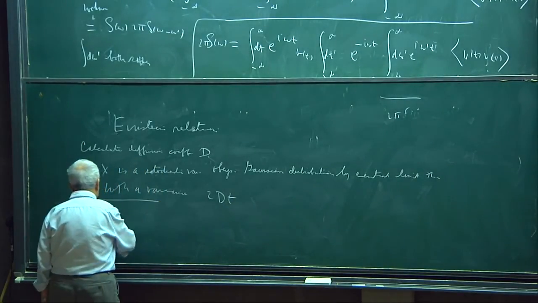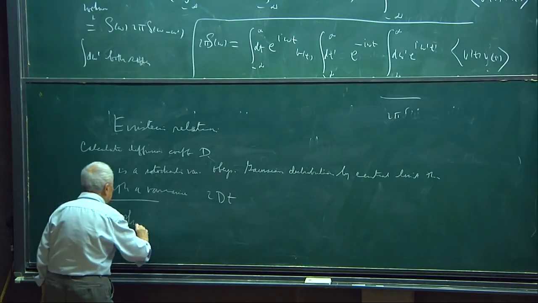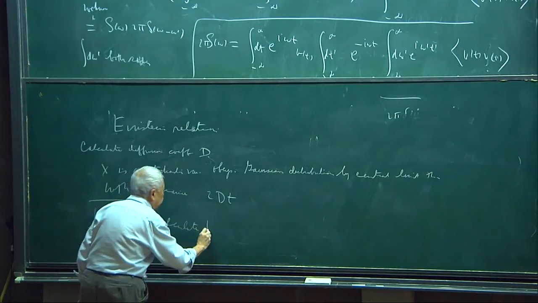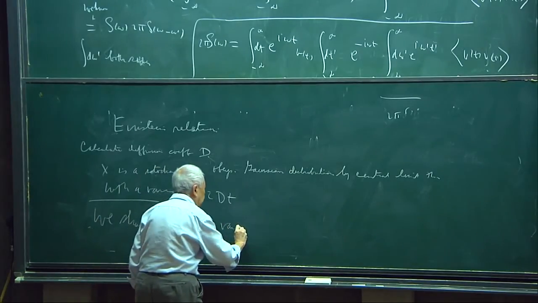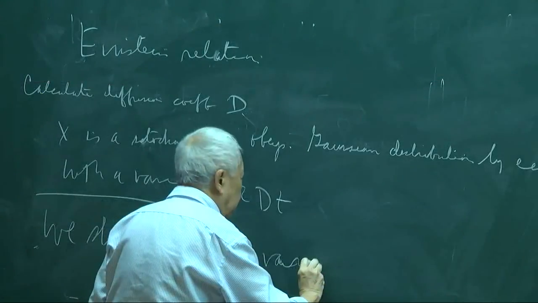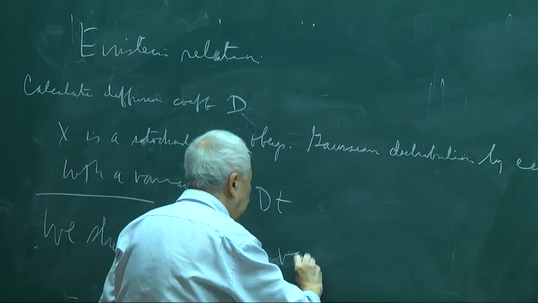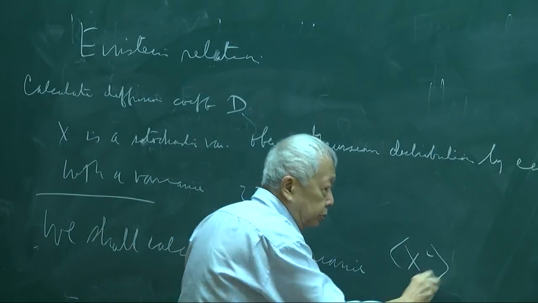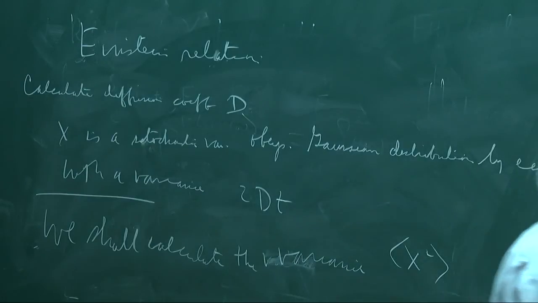So we shall calculate the variance, which is x squared average. We can do that because that's a correlation function.